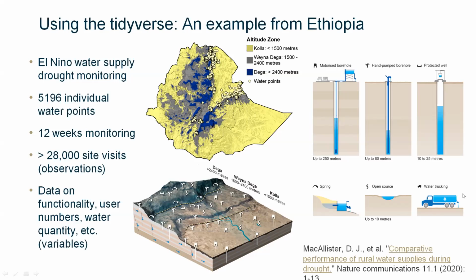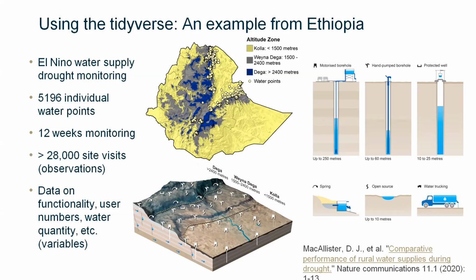And we looked at how each of those performed during the El Nino drought in Ethiopia in 2015 and 2016. And we looked at it based on the different altitude areas of Ethiopia. So in the lowland areas, typically you have more motorised boreholes, it's drier, people have to travel further to access water. As you move up into the highland areas, generally you have more protected wells, springs, and people generally have better access to water in the highland areas. So that was the framework in which we looked at the data.